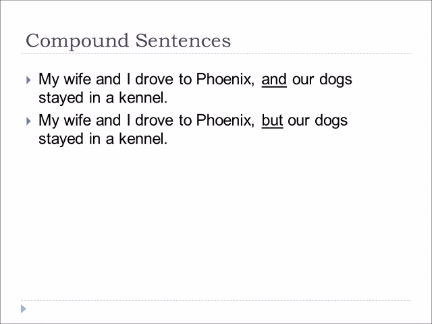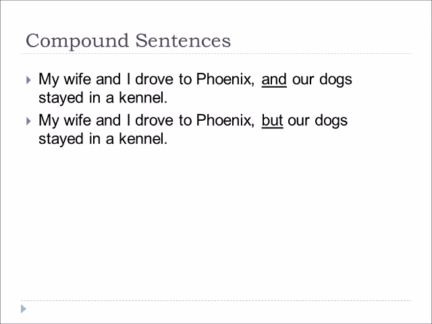But I want you to think and examine and analyze and understand that the different coordinating conjunctions imply a different meaning in the sentence. In the first case, my wife and I drove to Phoenix, and our dogs stayed in a kennel. That suggests that that's what the dogs do when my wife and I go to Phoenix.